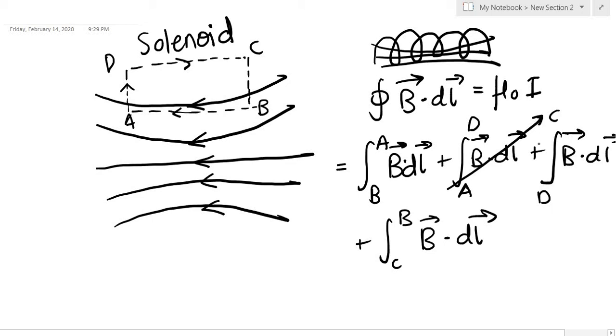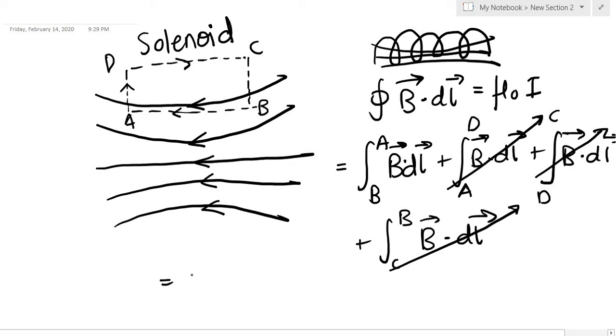This term will just go away, and so will CB, since even there the length element dl is perpendicular to B bar. And in the end even CD will go away, because there is no magnetic field outside this region of influence. There is no magnetic field through CD, so the magnitude is 0, and this term will just go away.